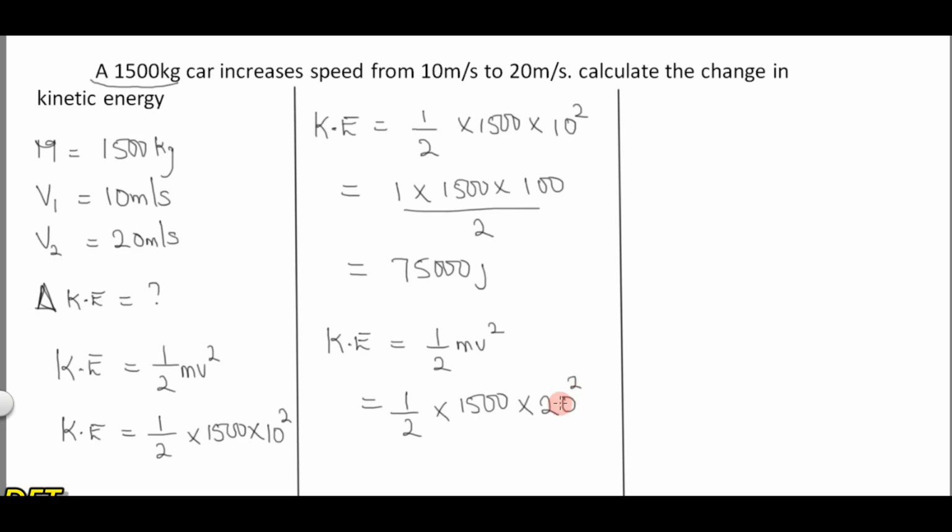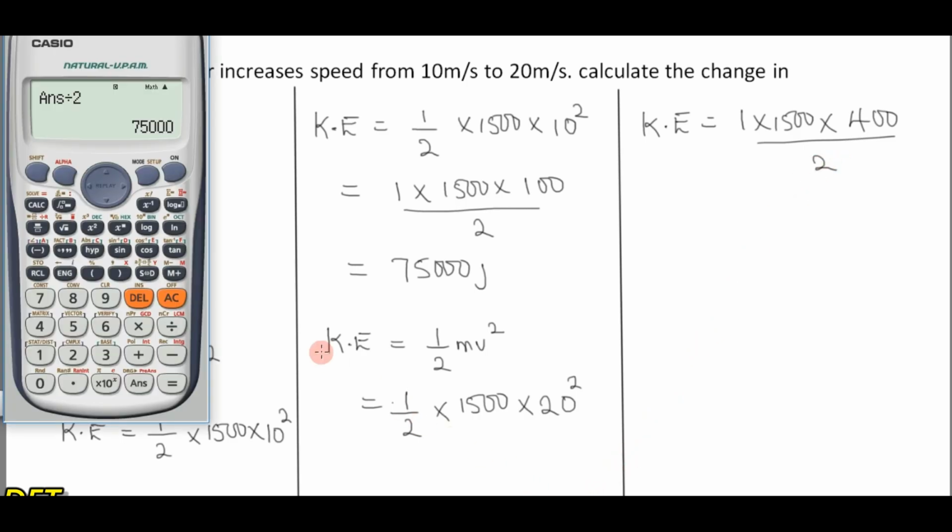So that's 20 squared. 20 times 20 will give me 400 over 2.